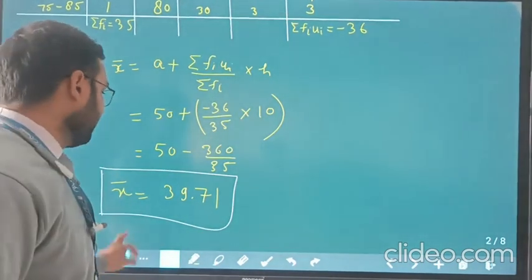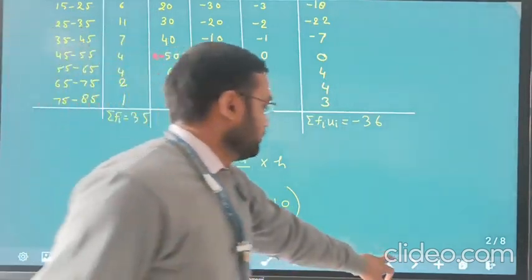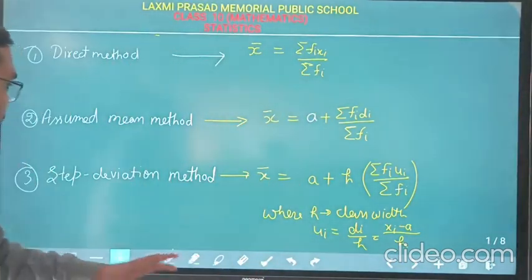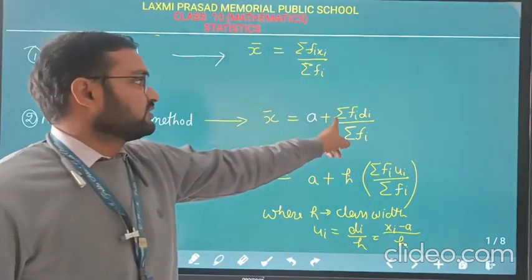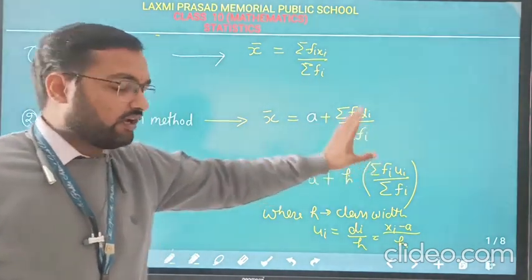So I am repeating that again. In the assumed mean method, we use the formula a plus sigma Fi di upon sigma Fi.